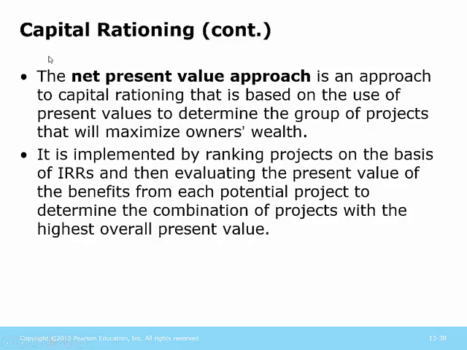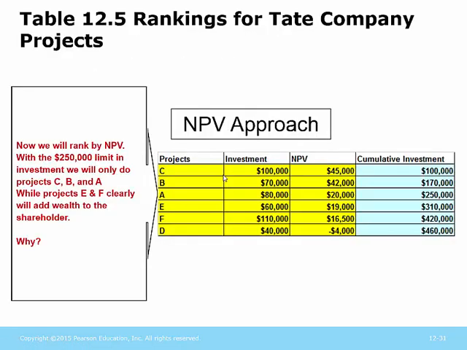Another way to do this is based on the net present value approach. It's essentially the same process. We're going to enter the projects, rank them, and sort this part of the table by net present value, so the highest net present value project is at the top.